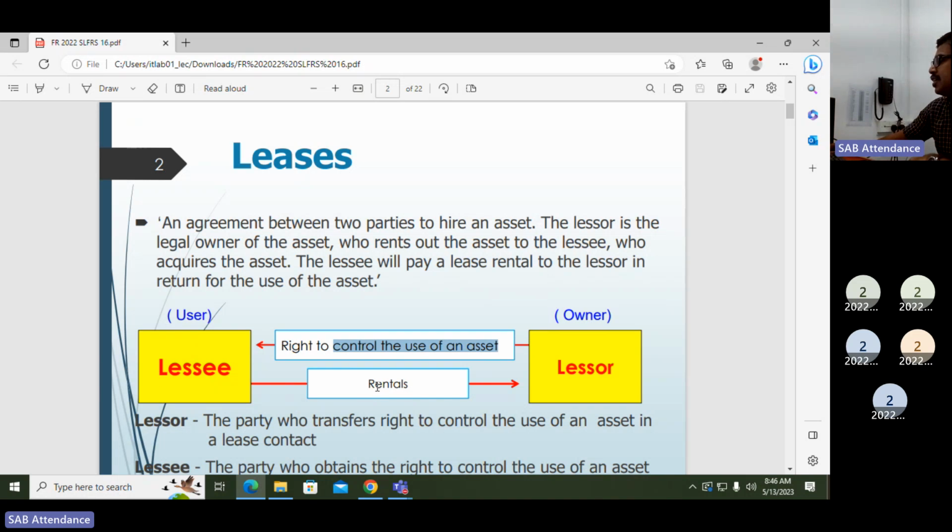In return, the lessor receives the rental paid by the lessee. This is what we call a lease, right?